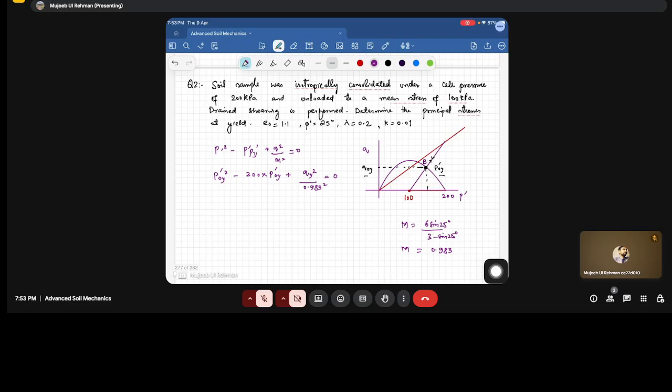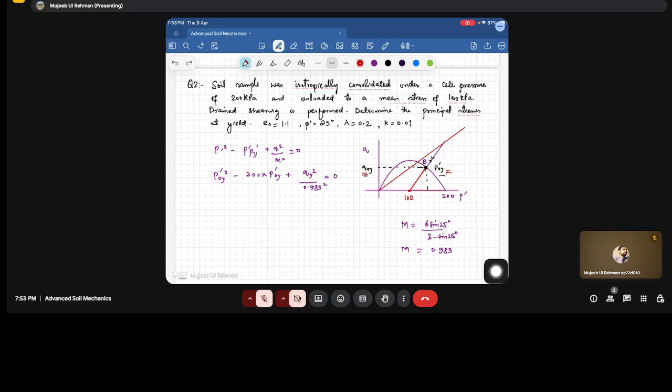Now another thing we can do is, since we know this point q naught y, it can be determined from the slope of this line, so we can relate this q and this p naught, using this triangle.